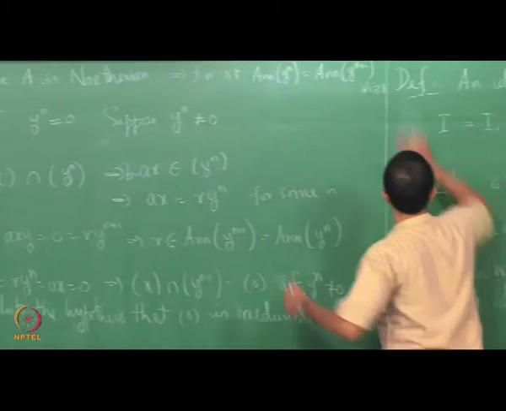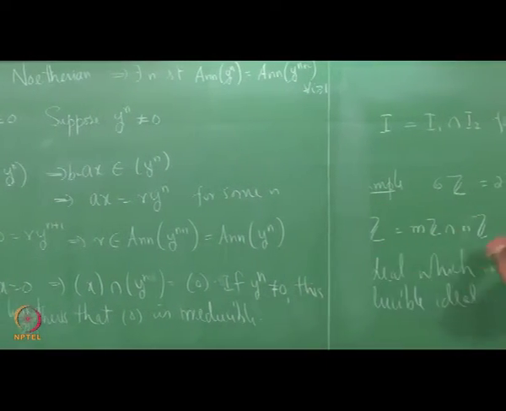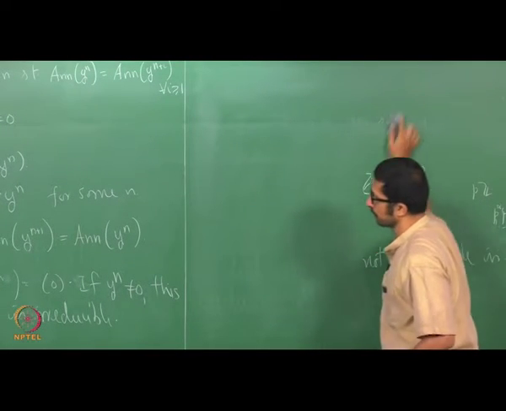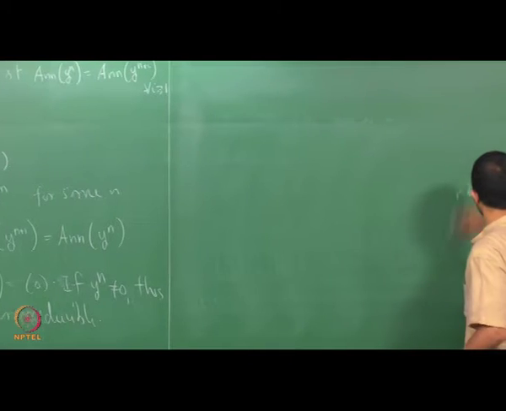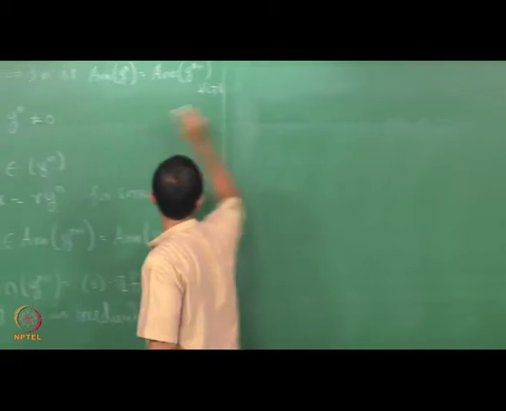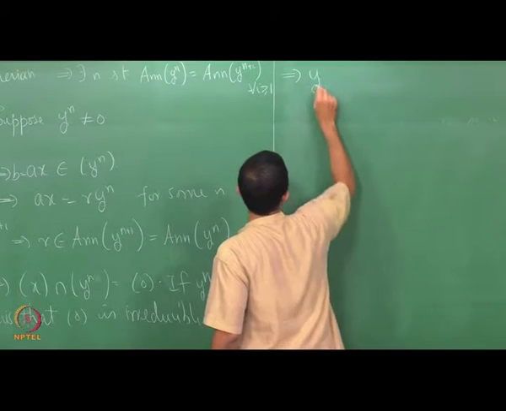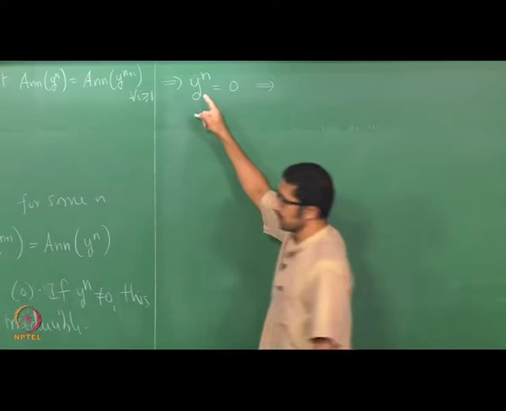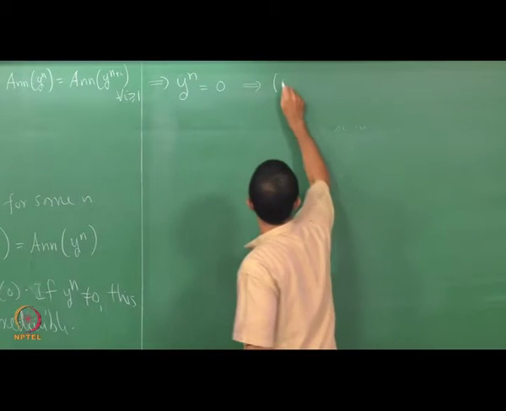So the contradiction implies that some of our assumptions are wrong. The only assumption that we have made is y power n is non-zero. So this implies that y power n is 0, and that implies that 0 is primary.